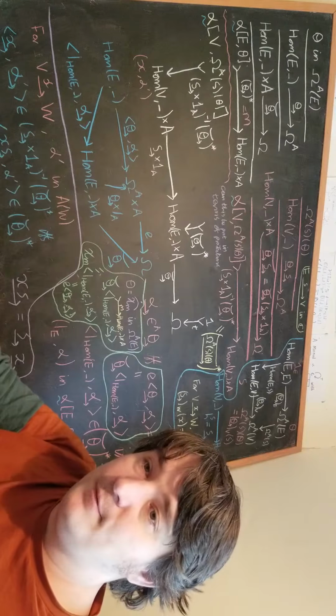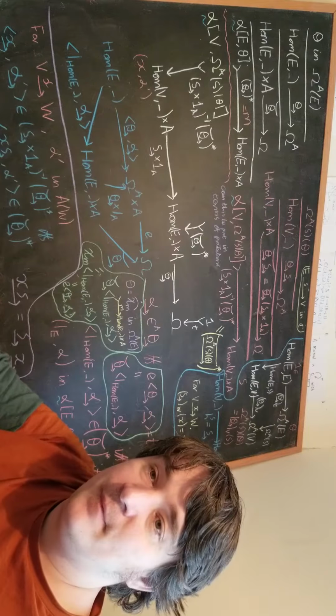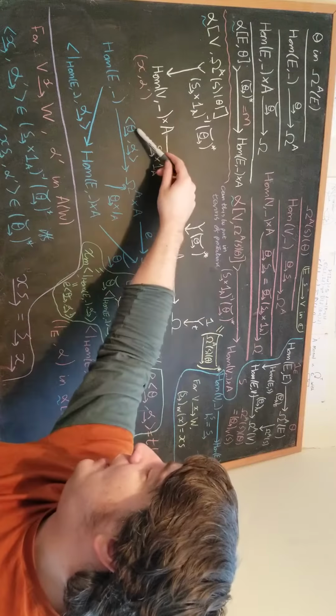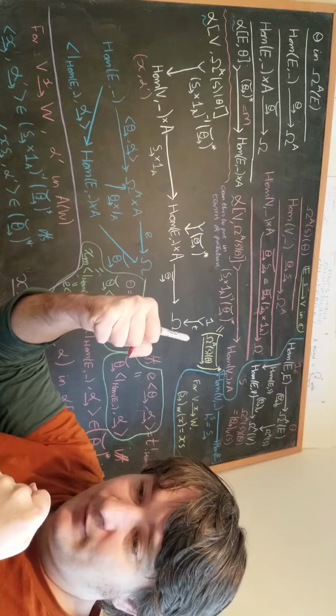as something like a sub-object of hom e comma blank times a. And then the idea is that when we do this evaluation arrow, that thing is going to be paired with an e-type element of a.